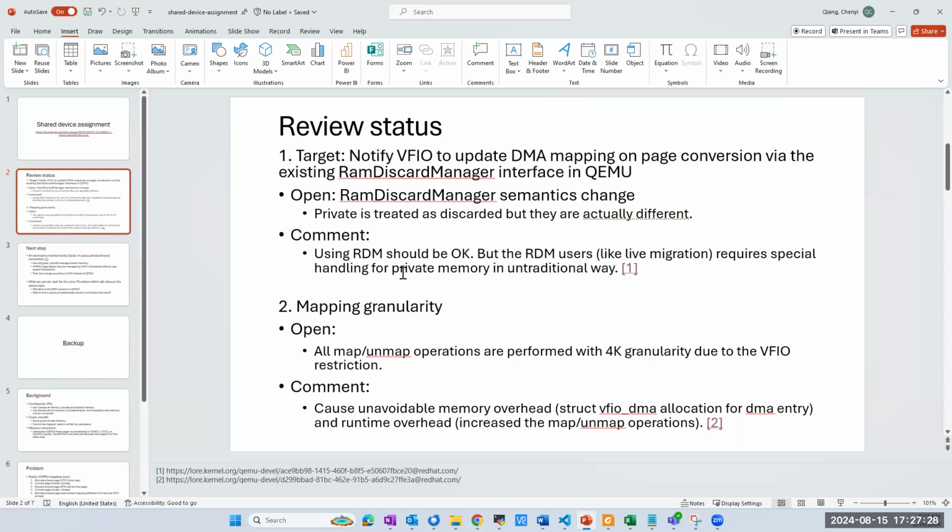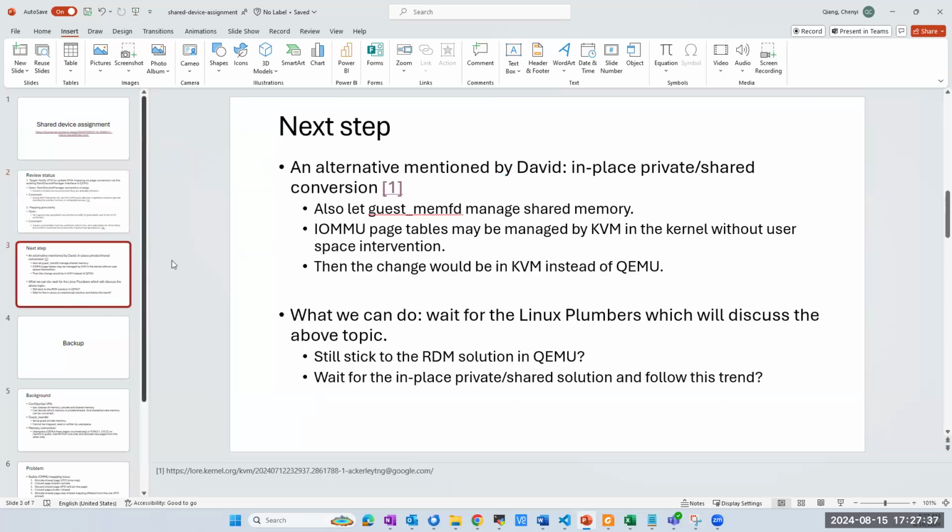Okay, Chenyi, keep going. Yes. Only these two comments, and another one is an alternative mentioned by David.